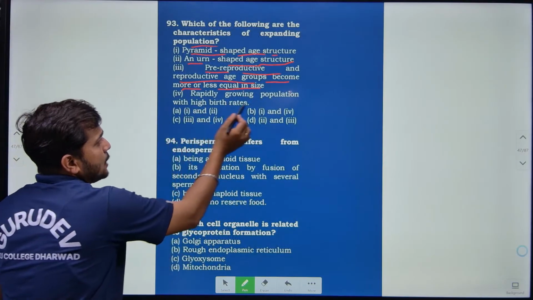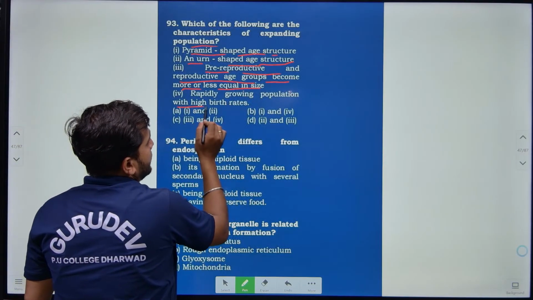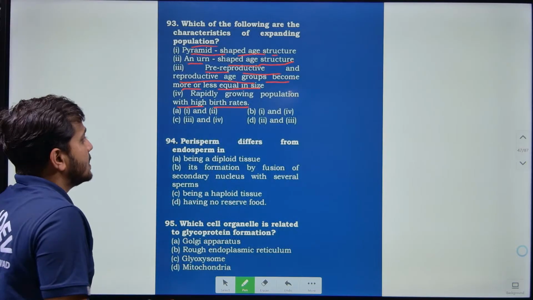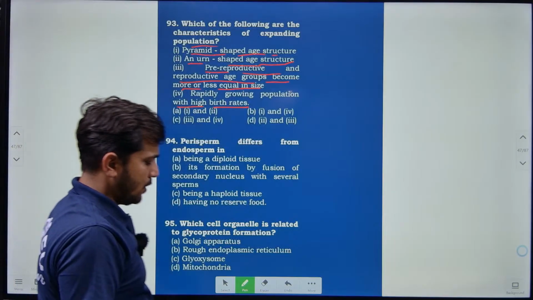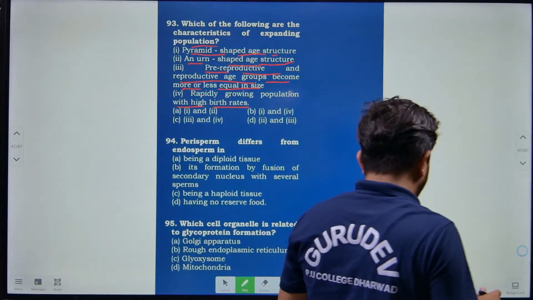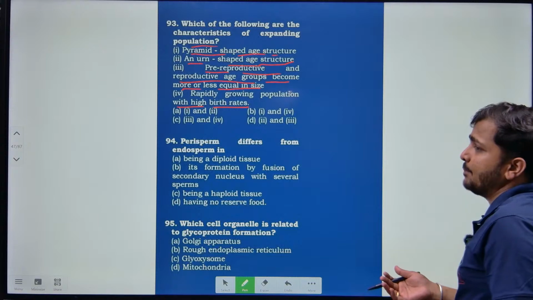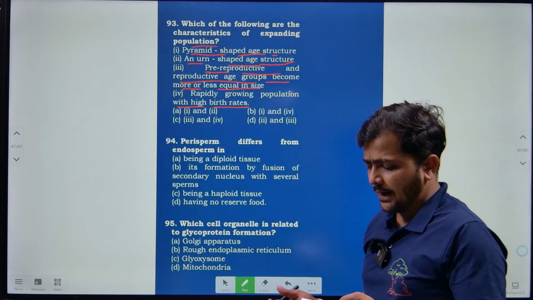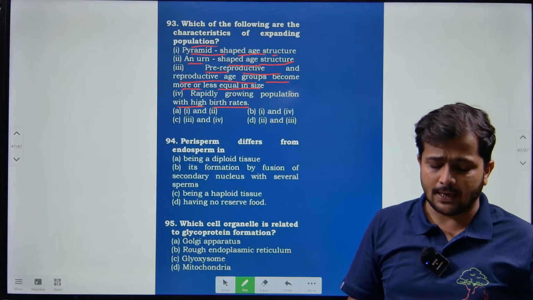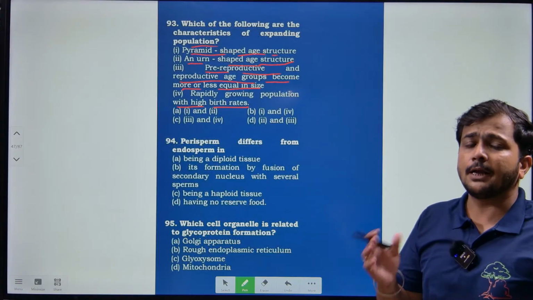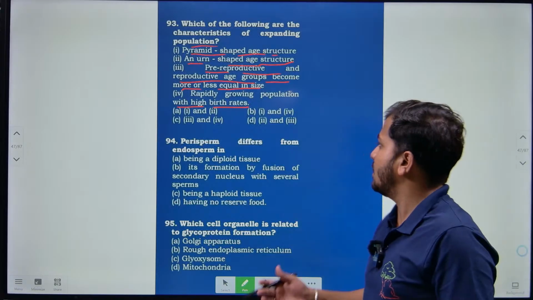Then a rapidly growing population with a high birth rate, right? So we have to match with an expanding type of population. In an expanding population, the pre-reproductive age group will be larger than the reproductive one, and the aged group will be the smallest.